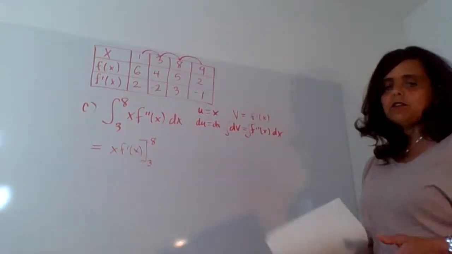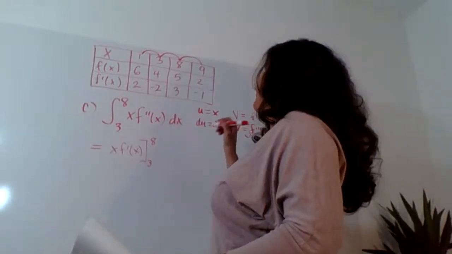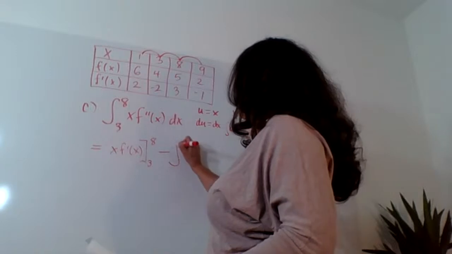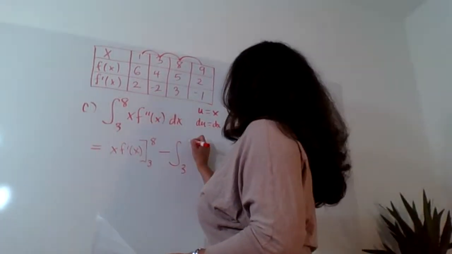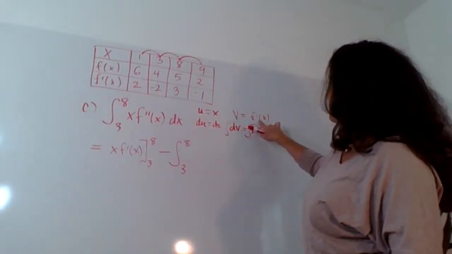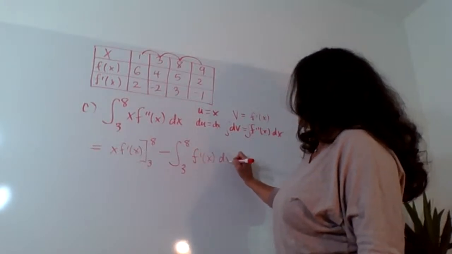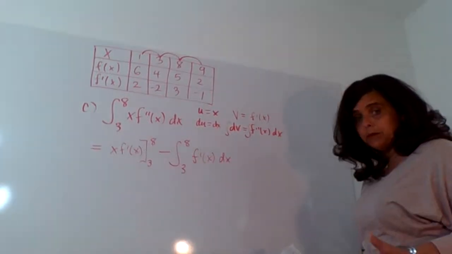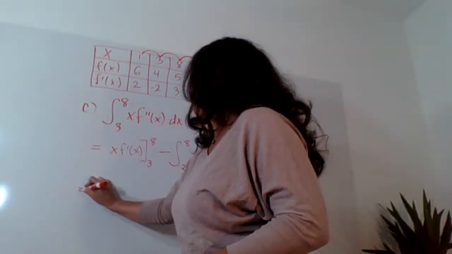I was mentioning that earlier. And then it's going to be ultraviolet voodoo. So it's going to be minus the integral from 3 to 8 of voodoo, so v du. So it's going to be f prime times dx. Okay, so this looks doable. So now I'm going to use the fundamental theorem here in a weird kind of way.